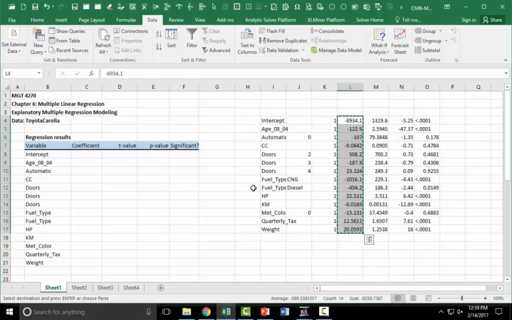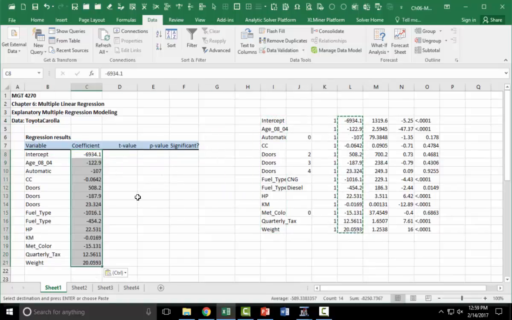So these are the coefficients. So our regression estimation would be b sub 0 plus b sub 1 times the variable, b sub 2 times the variable, and so on. Okay. So now we have the standard error.